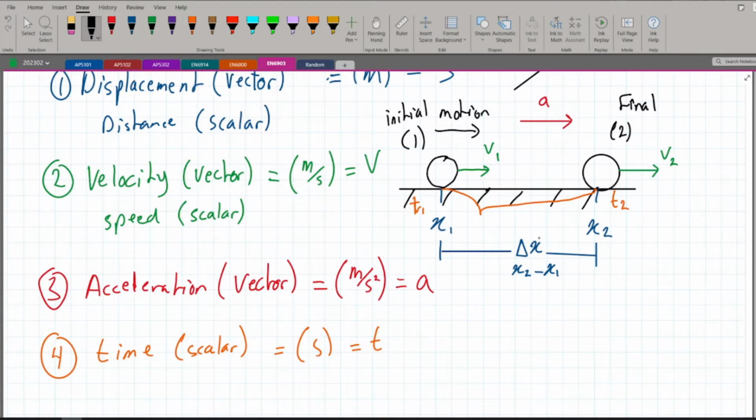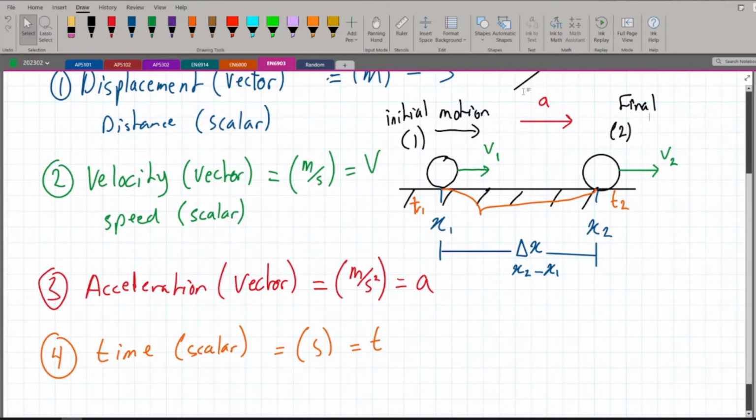So this is how we will always be identifying things. We will always be identifying our displacement, our velocity, and our time with an initial value and a final value, because it will always be dependent on where it was and where it is going to reach. And acceleration is just always going to be there, present.